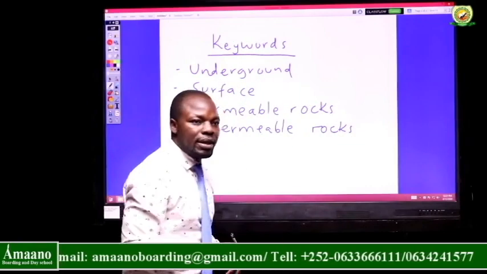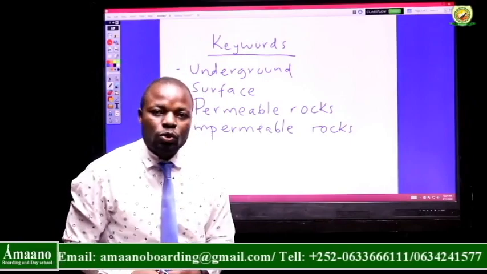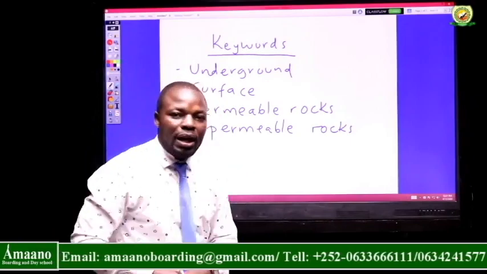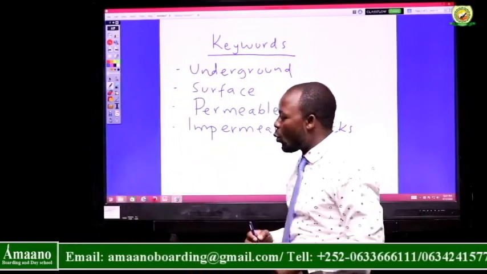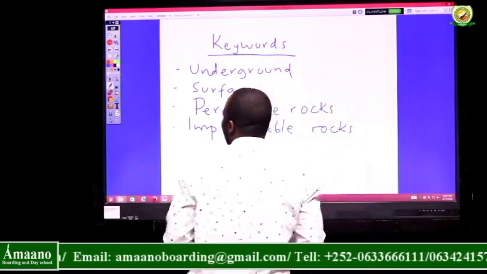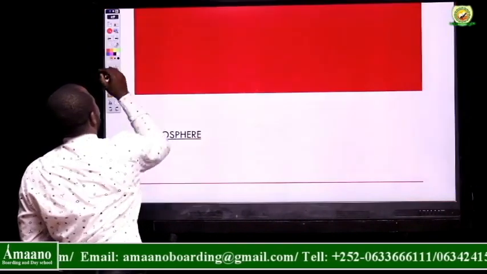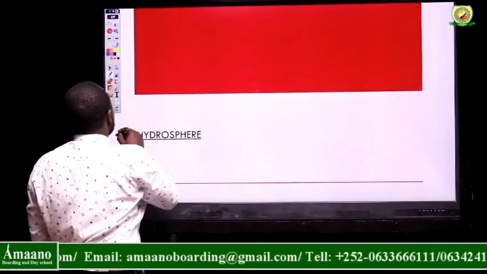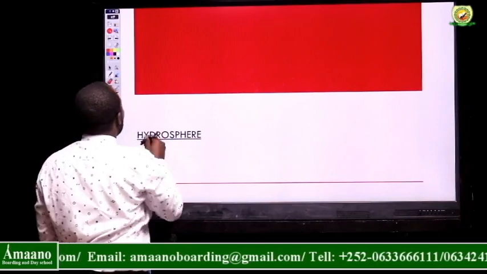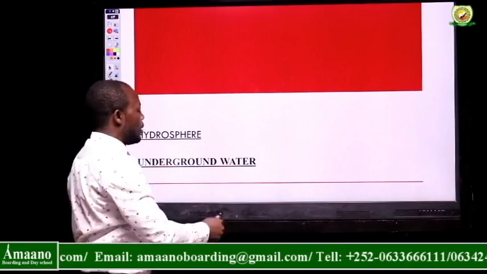The word permeable means rocks that allow water or any fluid, any liquid to pass through, while impermeable are rocks that do not allow any water, any fluid to pass through.